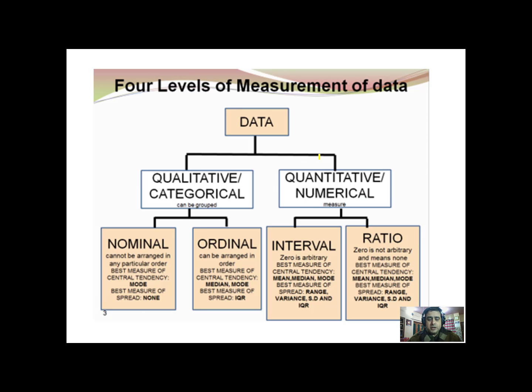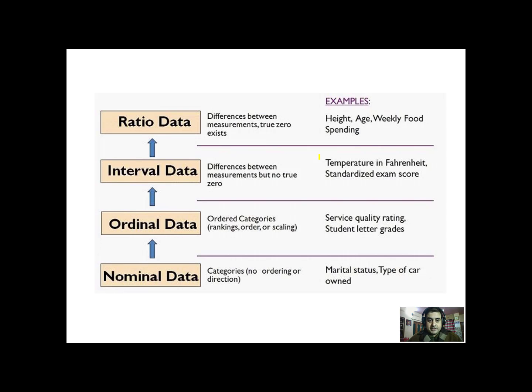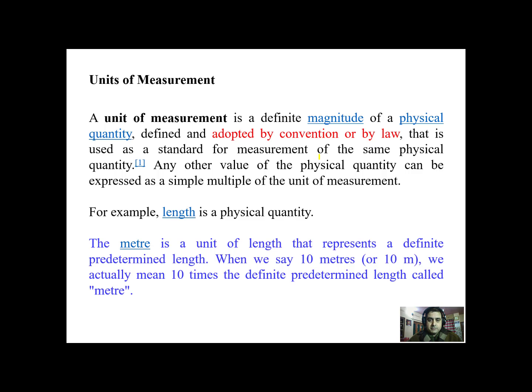Overall, if you see these four levels of data measurement, the nominal and ordinal are more of a qualitative category, and interval and ratio scales are more of a quantitative category.